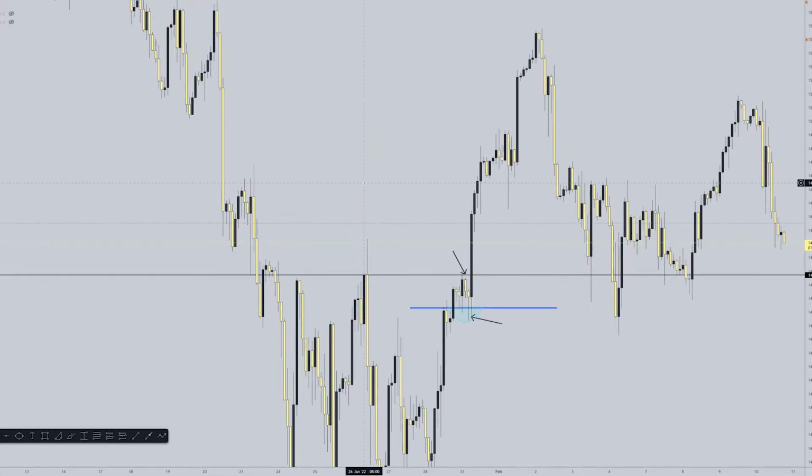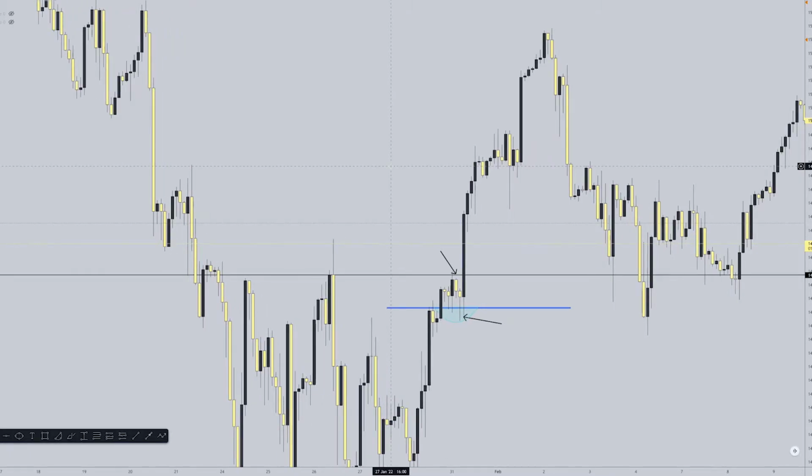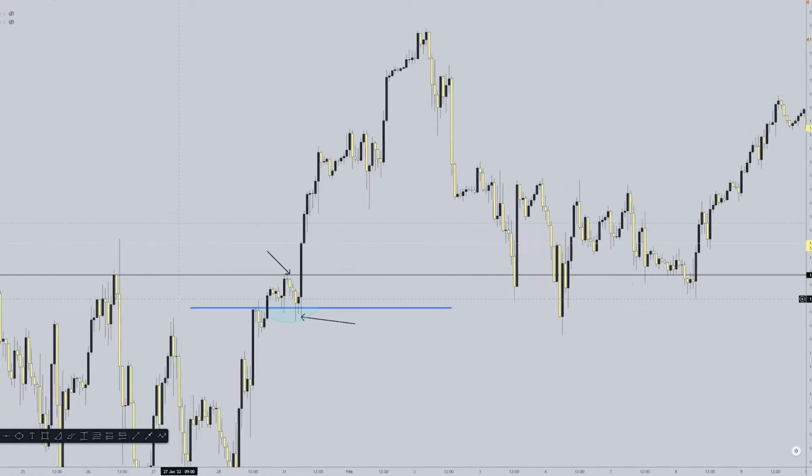Now a double bottom and double top needs to line up with a key level and with structure. When these patterns line up with the key levels and structure, it has a higher probability of playing out than it does when you see it in an area that's not at a key level and not structured, right?